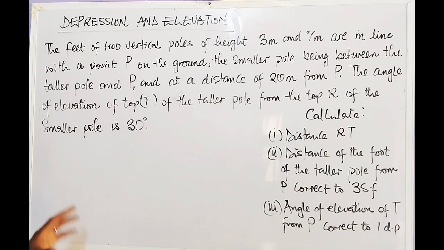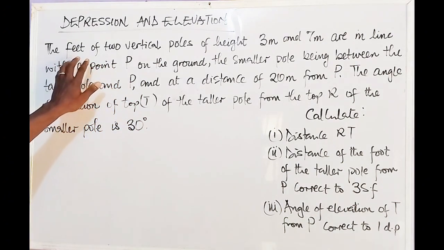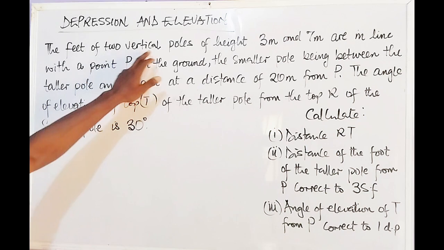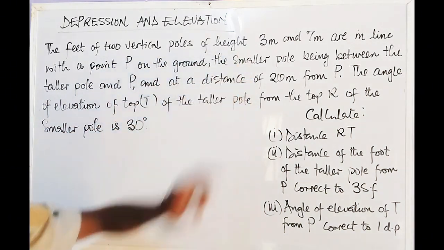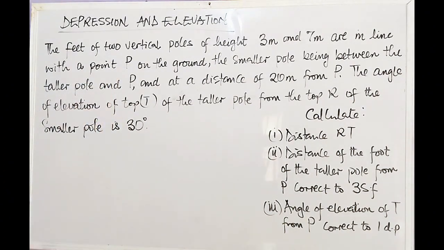Now, first of all, let us see how we'll resolve this question. The first line of this question says that the foot of two vertical poles of height are in line with a point P. Let us assume this is our point P, and this is our ground.